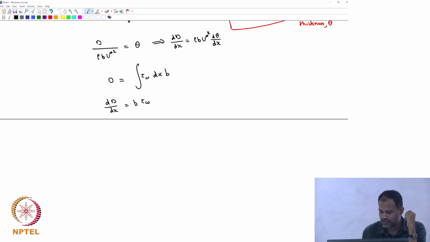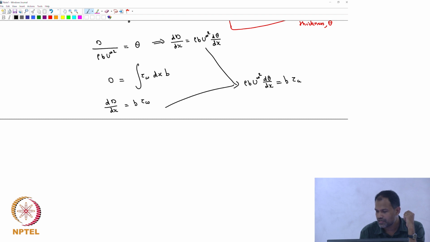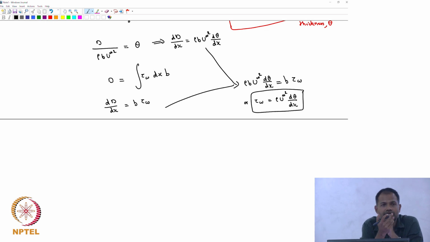Therefore, using these two, rho b U infinity square d theta by dx is really b times tau w, or tau w is equal to rho U infinity square d theta by dx. So it's really rewriting the wall shear stress in terms of some derivative. It's just for manipulation.